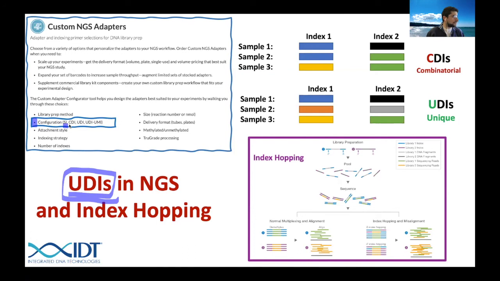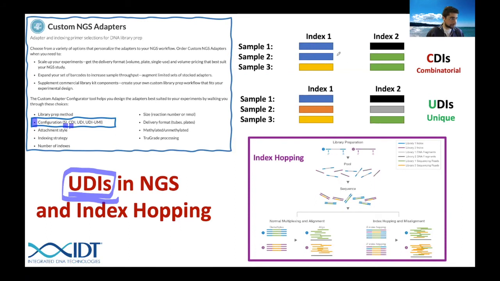You can have the so-called CDI. CDI stands for combinatorial dual index. In this case you have two indices, but it's the combination that is unique. For example, sample 1 has blue black, that's one combination. Sample 2 has blue green, that's another combination which is unique, and sample 3 has yellow green, which is unique.